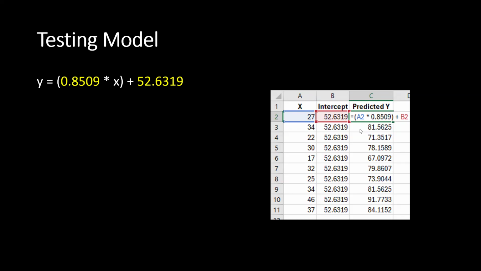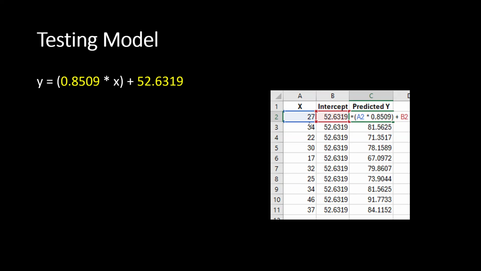So here, as you can see, with an observation value of x being 27, we would multiply that value, 27, multiplied by 0.8509, and we would then add the intercept value of 52.6319, and that would give us the predicted value of y.